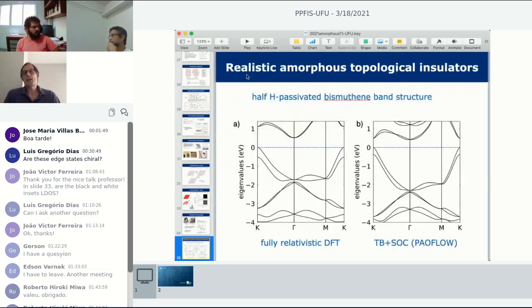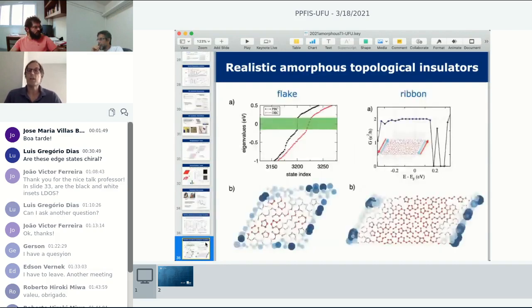Marcio Costa did run a lot of simulations with this realistic amorphous topological model, and then ran a fully relativistic DFT parameterized into a tight binding. This was the contribution of Nardelli. And then if you look at a flake of this material, playing the same kind of games as Argavala did in the past, you see this kind of thing.